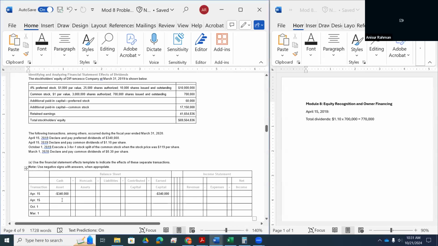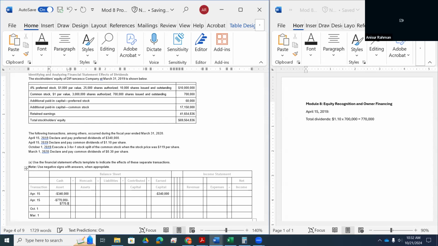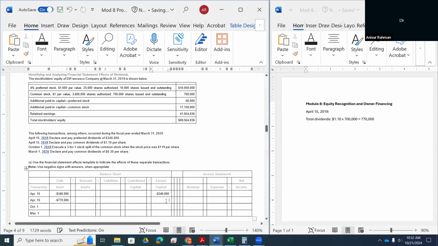Because dividends are paid, that will also reduce the cash. Same way, it will also reduce the earned capital. No effect on the income statement.